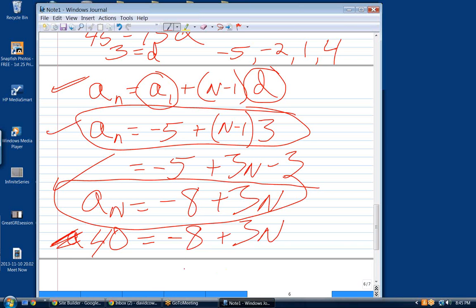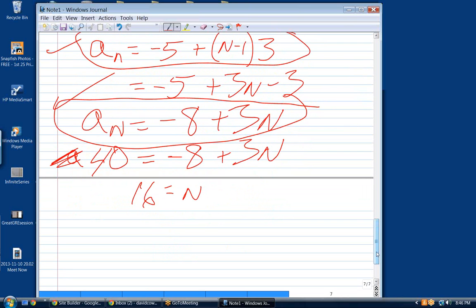Solve that equation. It's 48 divided by 3. 16. So now, that was what they wanted, the value of n for which A sub n was equal to 40. So what they're really saying is that A sub 16 was equal to 40.